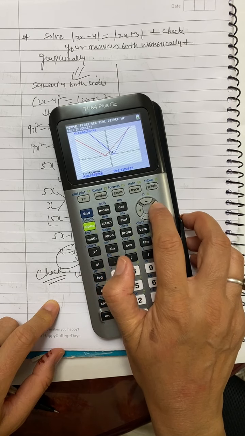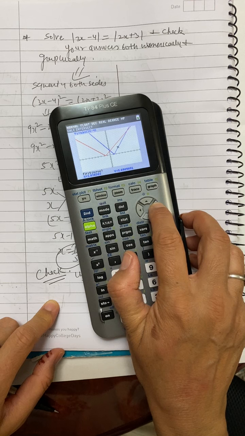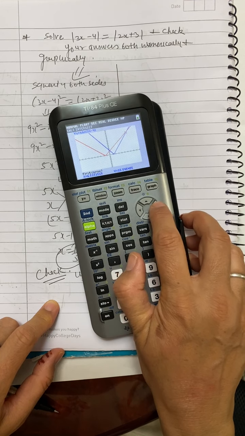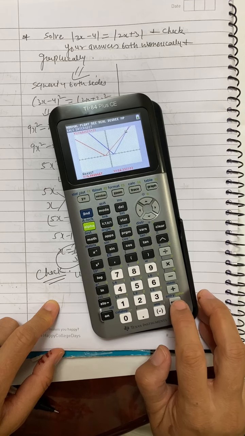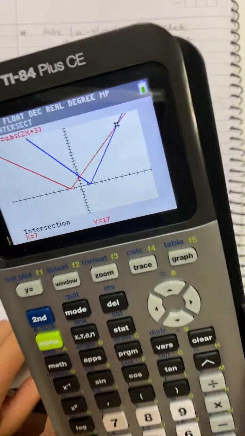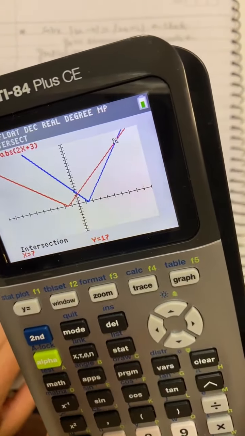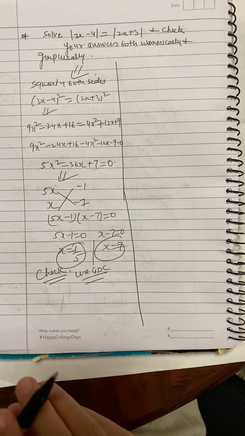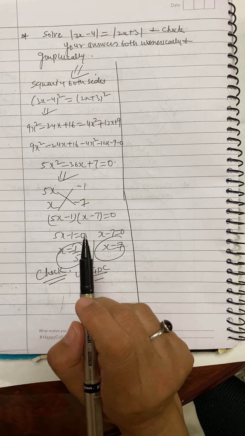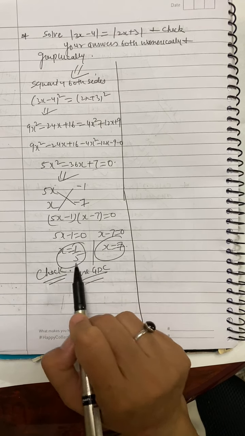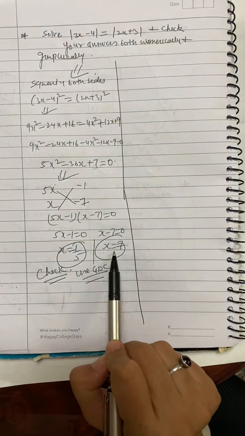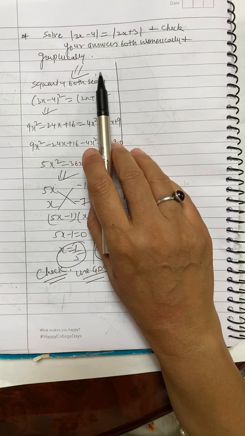This time we will find the second intersection here. Enter 3 times, and then you get the intersection, which is x is equal to 7. So both of them satisfy the given equation. Algebraically also, you can substitute x is equal to 1/5 and x is equal to 7 and see whether they satisfy it.